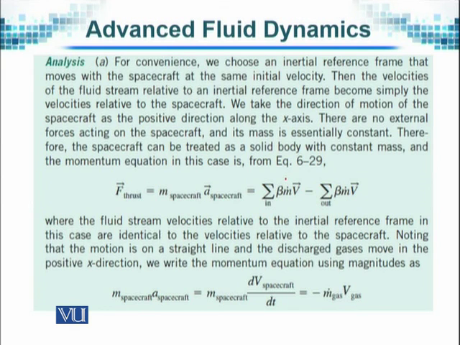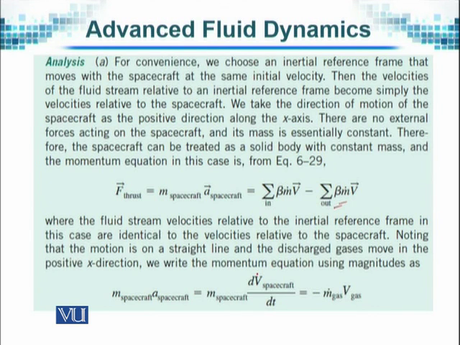times the velocity, and then also at the exit position the same calculation, the force that is acting, where the fluid stream velocity relative to the inertial reference frame, in this case, is identical to the velocity relative to the spacecraft. So mass of spacecraft times acceleration of spacecraft can be written as mass times dv by dt.